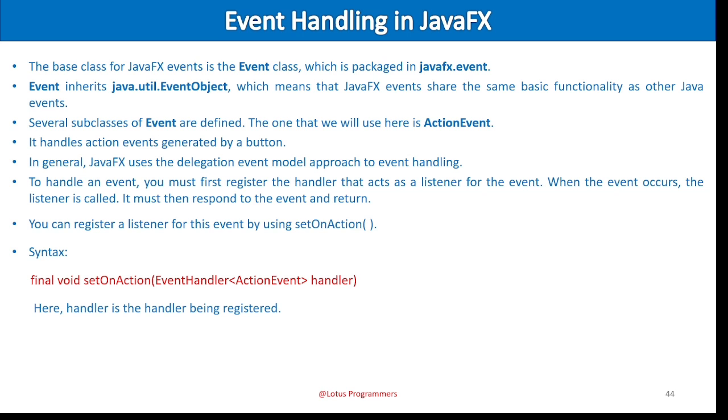How the handler is registered in the event delegation model for handling events is by calling the setOnAction method. The setOnAction method is called on the respective event source object, which generates the specific event.